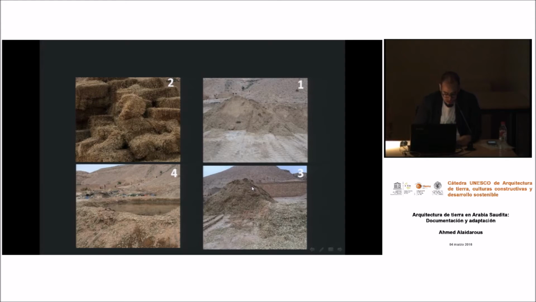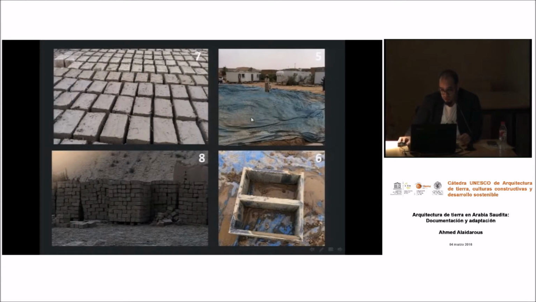In detail, it's 50 kilos of straw mixed with 1 cubic meter of local earth, and mixed with water, around 1.5 cubic meters. After that, leave it for fermentation.